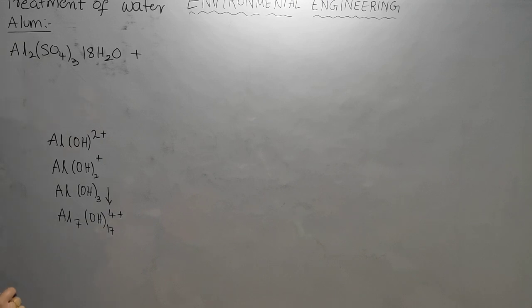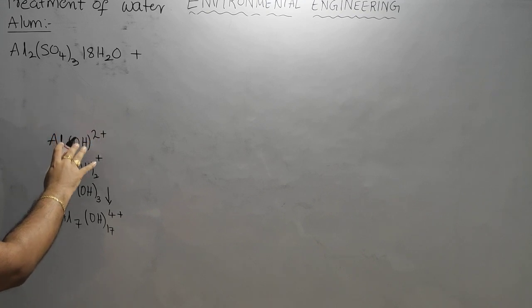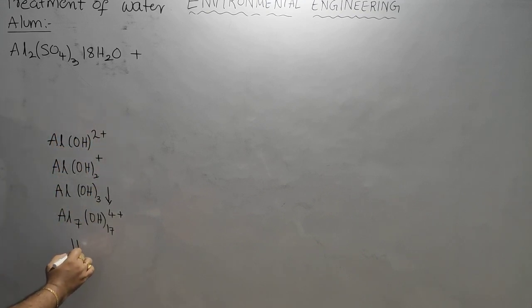So these are all the metallic cations which are forming. This OH is taken from H2O only. When all these OHs are taken by the alum, it is releasing H+ ions outward.